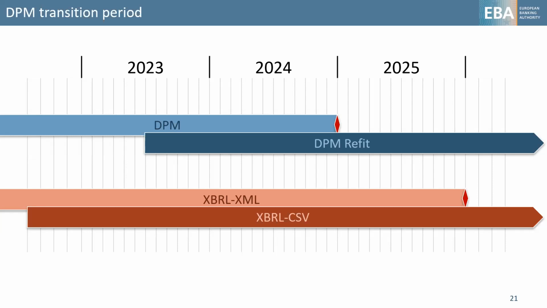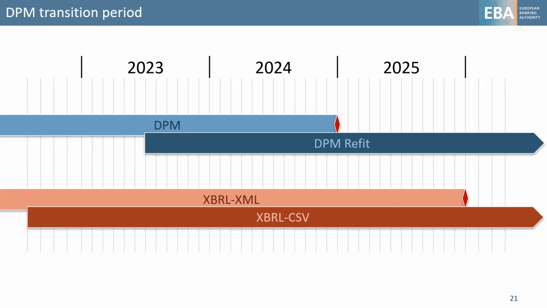Doesn't mean that we cannot change a couple of things, but the structure and the main concepts, I think they are very final. We are working on developing tools. The current expectation is that we will have an MVP, a minimum viable product, by the first quarter of next year, meaning we can then start using this tool to make use of the new DPM meta model, DPM Refit.